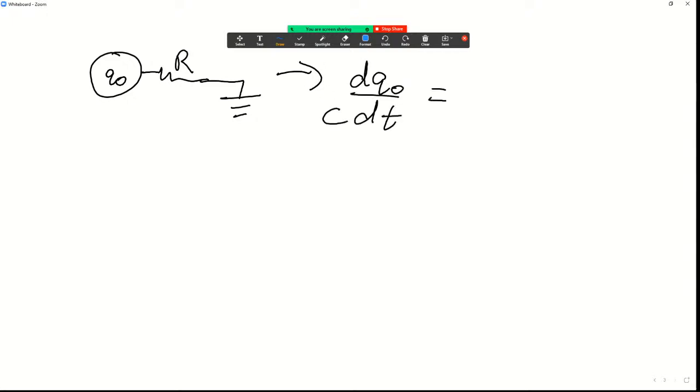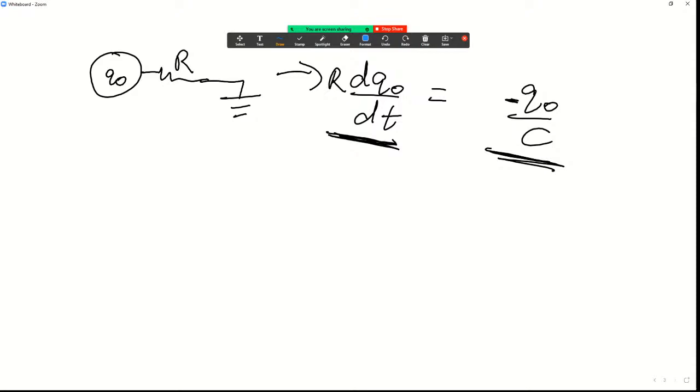So for the discharging process, let's assume there is Q naught and we have resistor R and it is earthed. So we would get the equation where R times current would be Q naught by C, or negative, I guess, as this is the voltage drop across the resistor and this is the voltage drop across the capacitor.